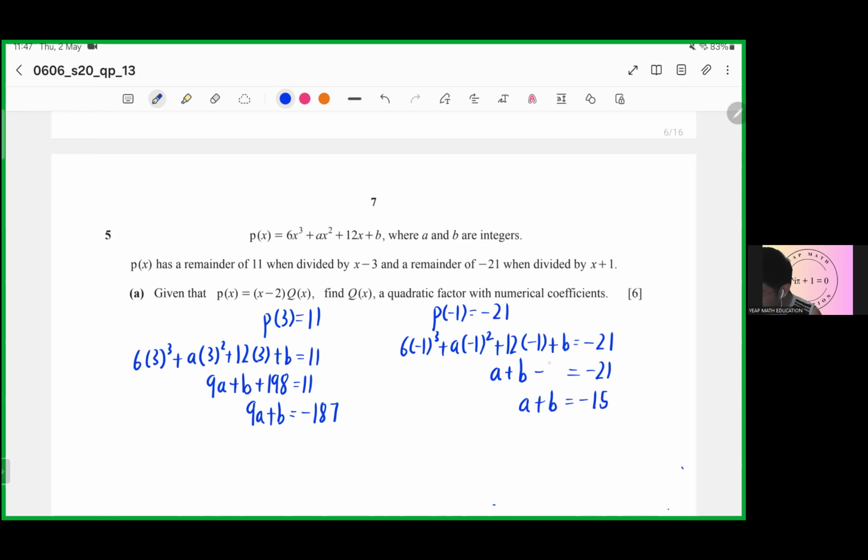Okay, it is negative 18. So negative 21 plus 18 equals negative 3.